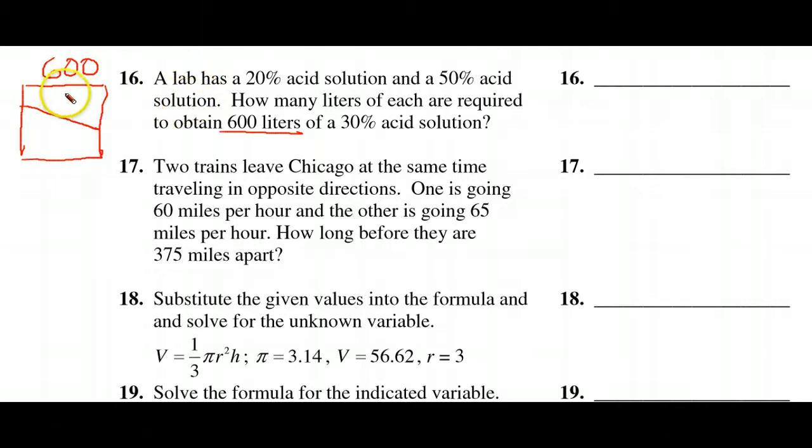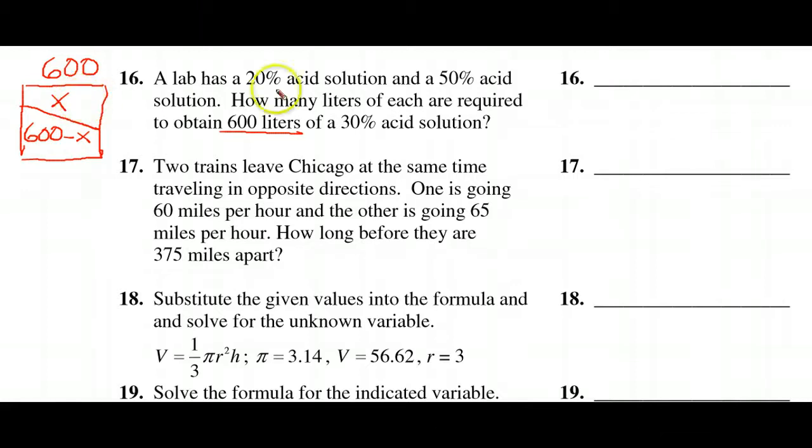We're going to say X is one part of it, and what's the other unknown part? Well, it would be 600 minus X. This is the way you've worked in your practice and quiz me's to divide something into two unknown parts.